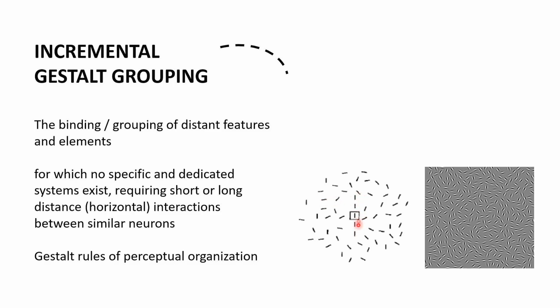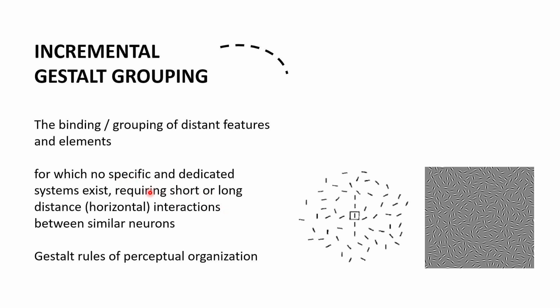For example, these five line segments seem to group together as a single line, and same here, these Gabor patches seem to group together as a single circle. And of course, this closely follows what I call Gestalt rules of perceptual organization. If you want to know more about that, there are other lectures about that.